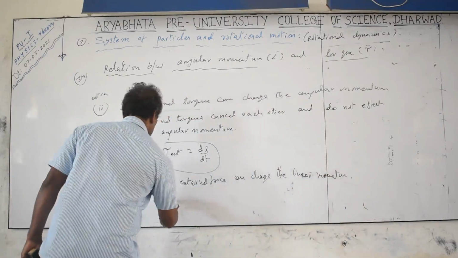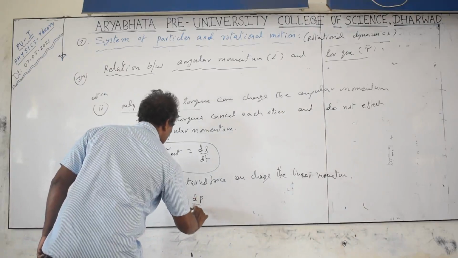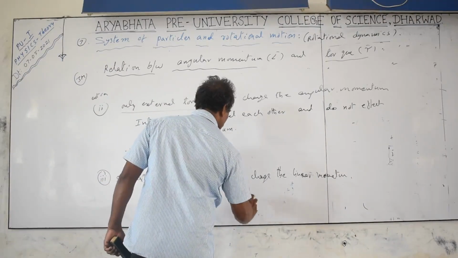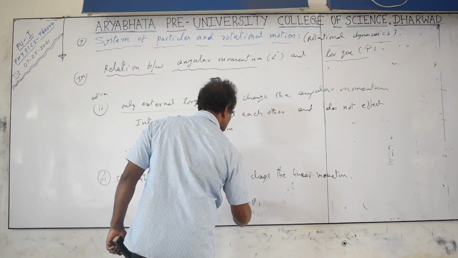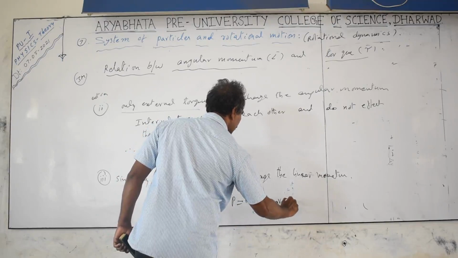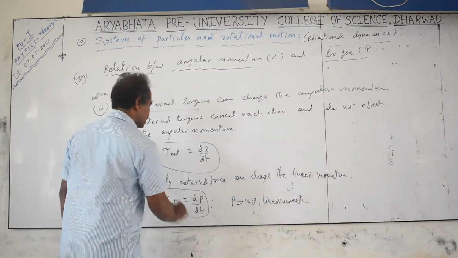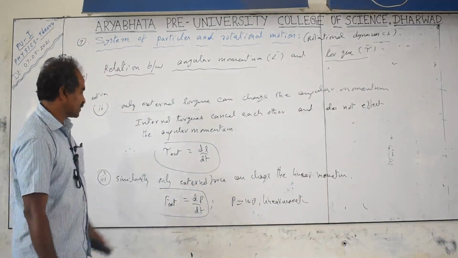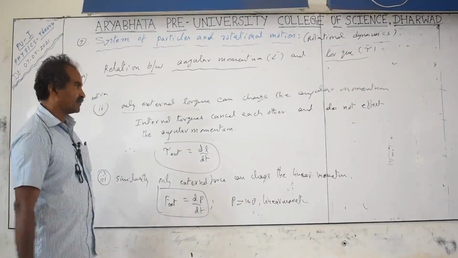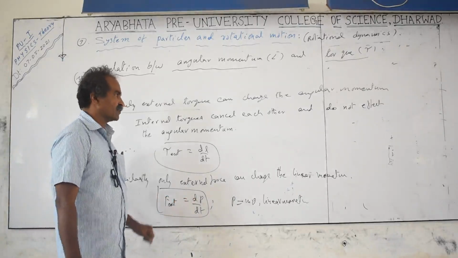That means external force is equal to dp by dt. p is equal to mass into velocity, that is linear momentum. So dp by dt indicates what? Rate of change of linear momentum with respect to time. Delta p by delta t also you can take. This leads to Newton's second law: the rate of change of linear momentum is equal to external force.